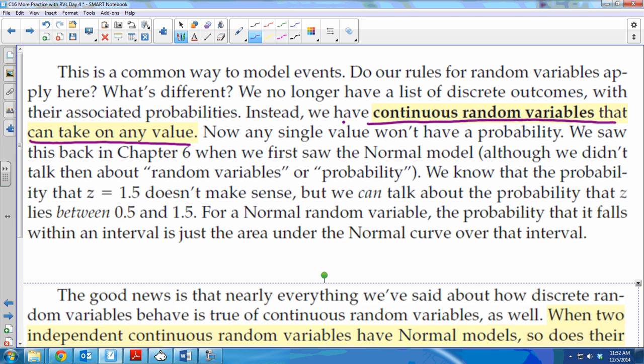But a lot of the time in these scenarios, they're modeled by normal models, which we talked about in chapter 6. Back then, think about the things we did with a normal model. First of all, what is a normal model? Like the bell curve, unimodal and symmetric, right? You had to find z-scores, where you found the number minus the mean divided by the standard deviation.